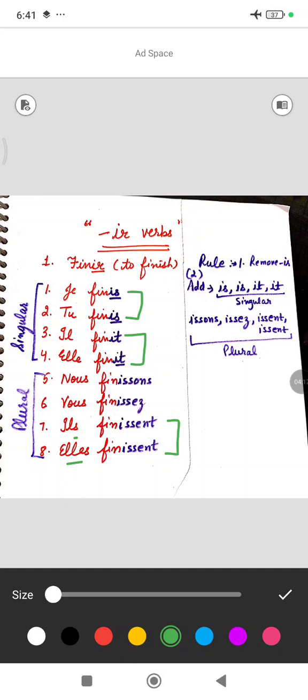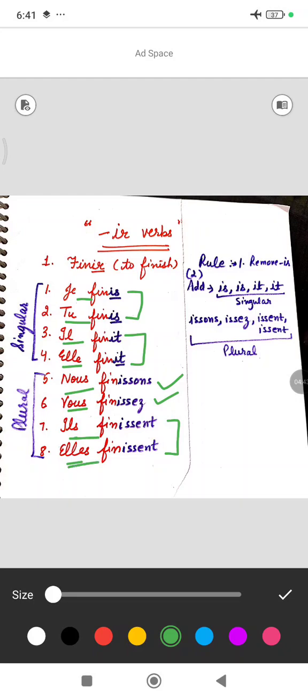It only depends on what verb conjugation we are using. Only these two you need to remember. Understood? So what will be the pronunciation? Je finis, tu finis, il finit, elle finit, nous finissons, vous finissez, ils finissent, elles finissent.